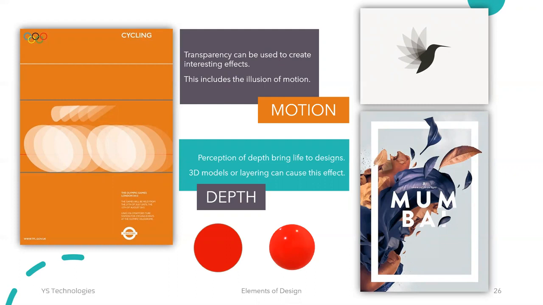By using perspective and certain design tricks, you can also convert a flat circle into what resembles a sphere, like a ball. So these are certain things that we can play with when it comes to design. Motion and depth.